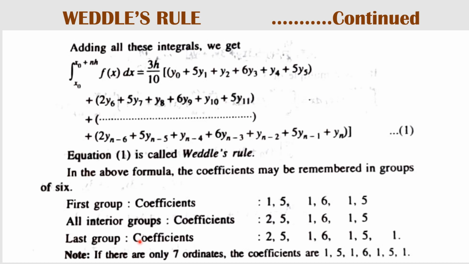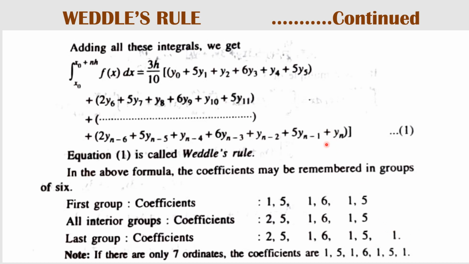All interior groups coefficients will be, see here, 2, 5, 1, 6, 1, 5. Even for the next term, it will be like this only for all interior groups. So we are considering three categories: one is the first group, all the interior groups, and finally the last group. For the last group, it is 2, 5, 1, 6, and 1, 5, and finally the fourth term is left over as 1.